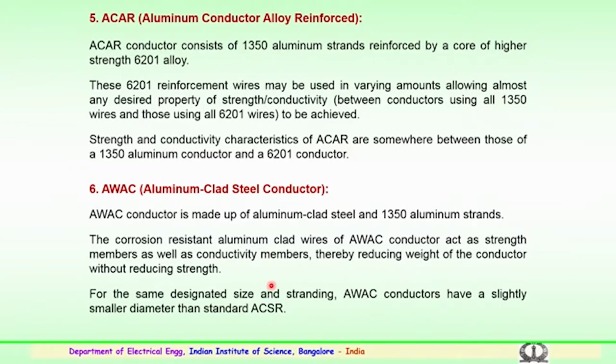Thereby this reduces the weight of the conductor without reducing the actual strength of the conductor. So, for the same designated size of the conductor and the strandings, AWAC conductors have a slightly smaller diameter in comparison to that of the standard aluminum conductor steel reinforced. This is one advantage with the aluminum clad steel conductor.